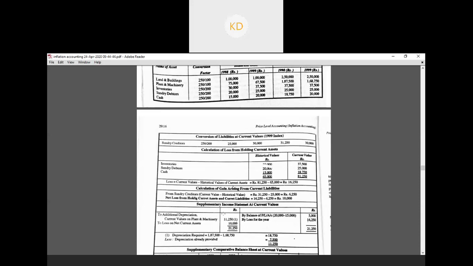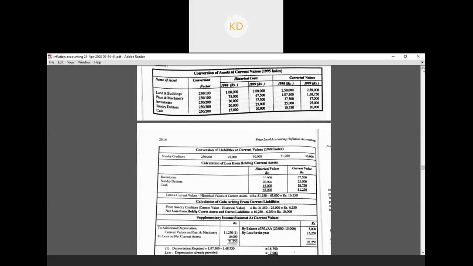What is the difference of depreciation? I should actually calculate a depreciation of 18,750, but depreciation of 7,500 has already been calculated. How 7,500? 75,000 year.